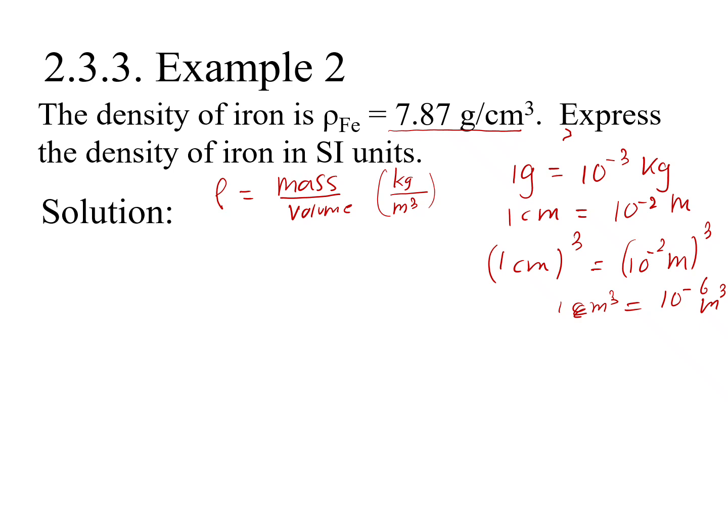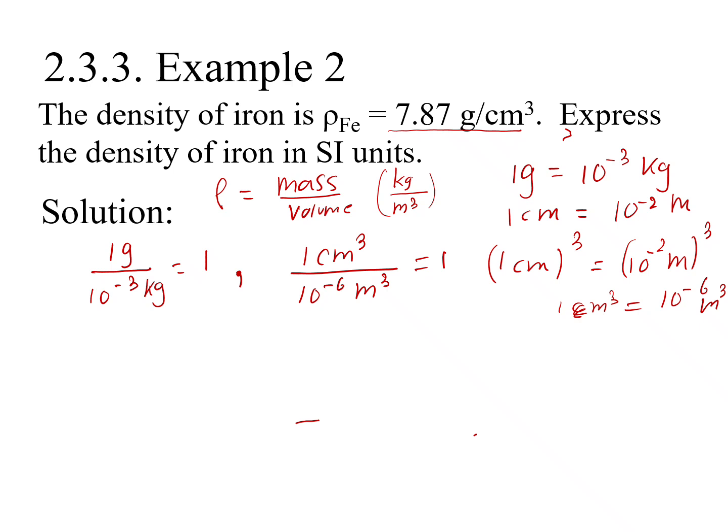All right. So the conversion fractions we have here are 1 gram divided by 10 to the power minus 3 kilogram equals 1, and we also have 1 cubic centimeter divided by 10 to the power minus 6 cubic meter equals 1.